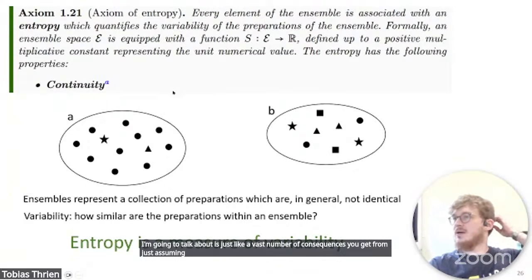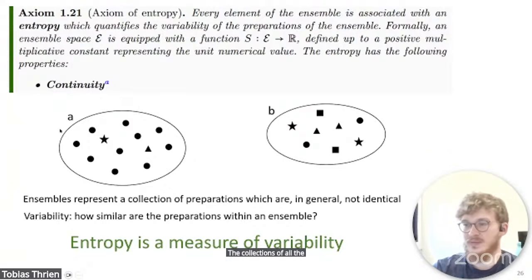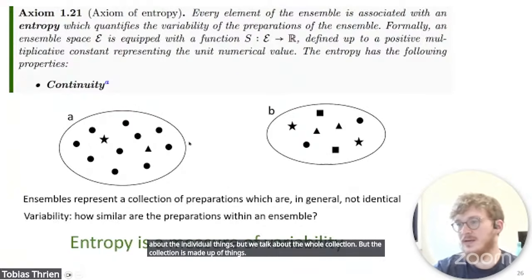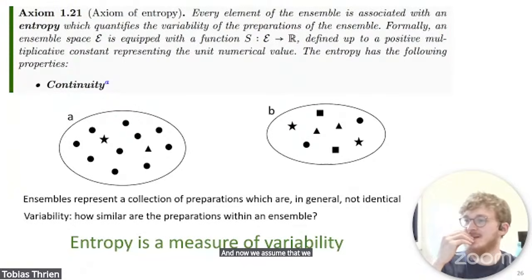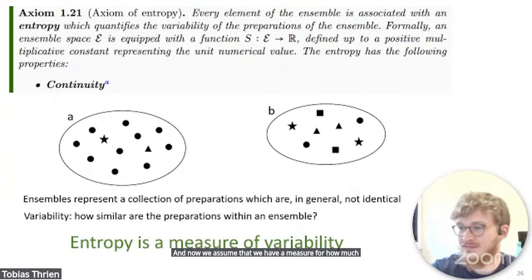So we have the idea that the ensembles are the collections of all the outputs of a preparation procedure. So we don't talk about the individual things, but we talk about the whole collection. But the collection is made up of things. And now we assume that we have a measure for how much these elements vary.